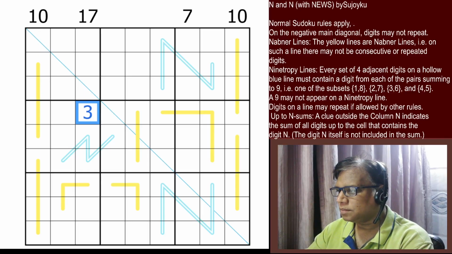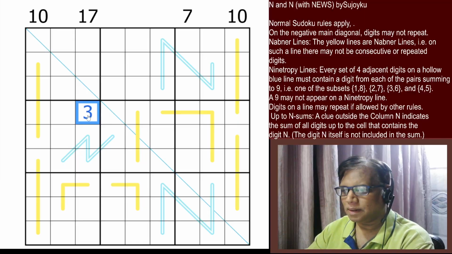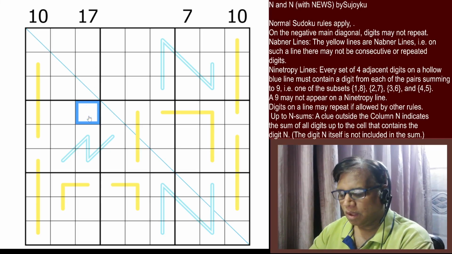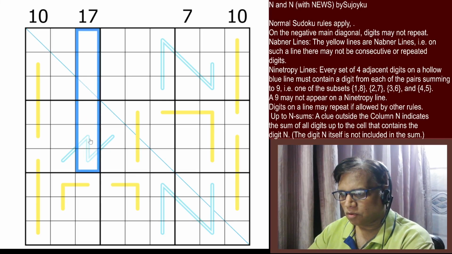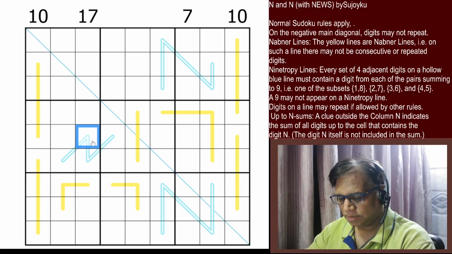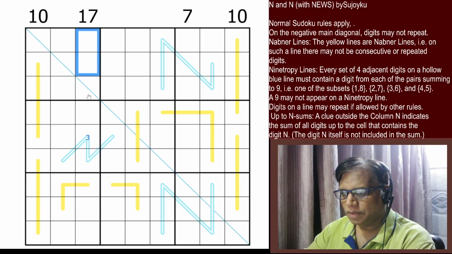I think this is correct. This is column 3, and this is 17. So what this means is that whenever there is a 3 in the column, the sum from the top digit up to that digit, which is 3, must be 17. So let's say 3 is here. From here to here, whatever digits are there, the sum must be 17.